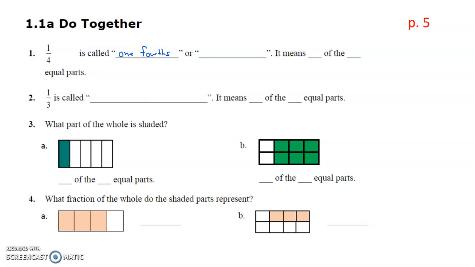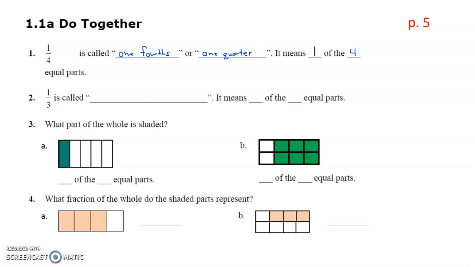This particular fraction has a second way to say it, a quarter, right? Just like 25 cents, 1/4. So what this fraction means is we've got 1 out of the 4 equal parts.